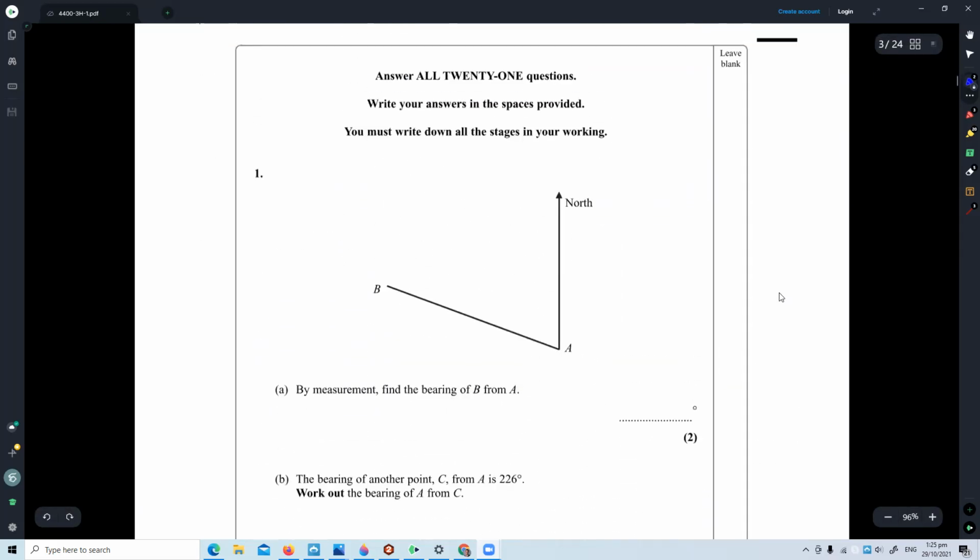The first question is a bearing question, and the bearing is the angle clockwise from the north. Here we should be concerned with the north of A. From A, I'm going to draw an angle clockwise from the north, and you should probably be using a protractor. In the real exam, I recommend that you draw this line down to show your teacher that you understand that this is 180.